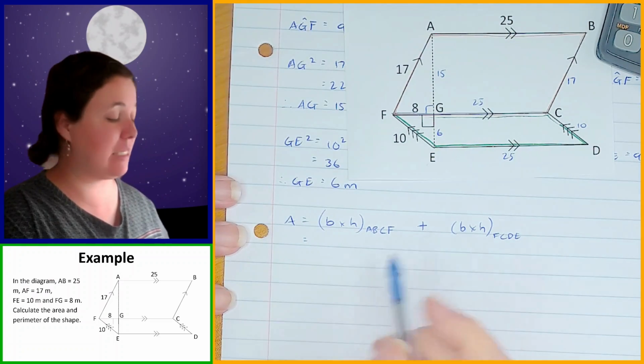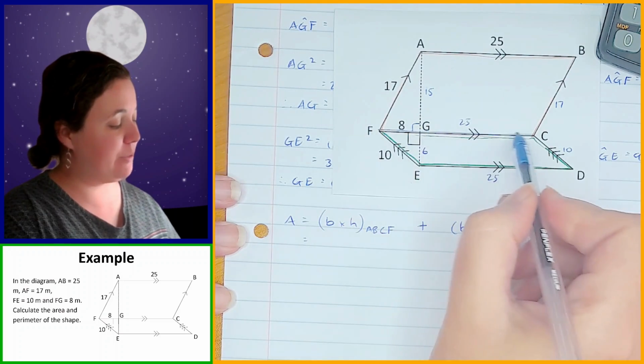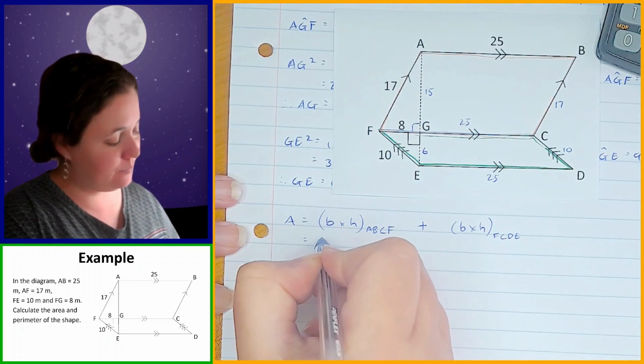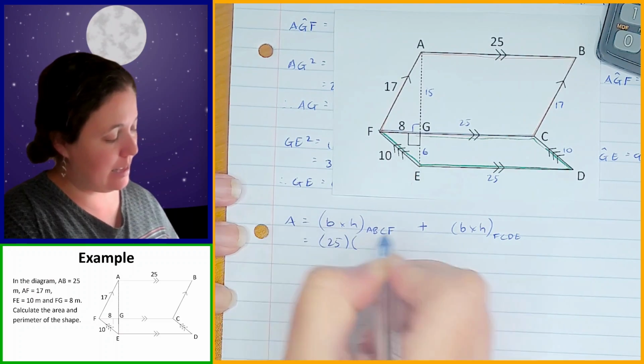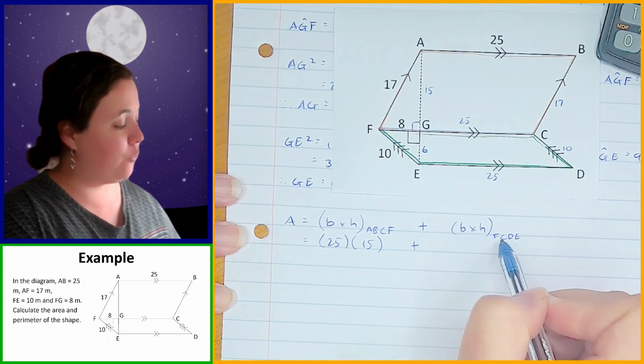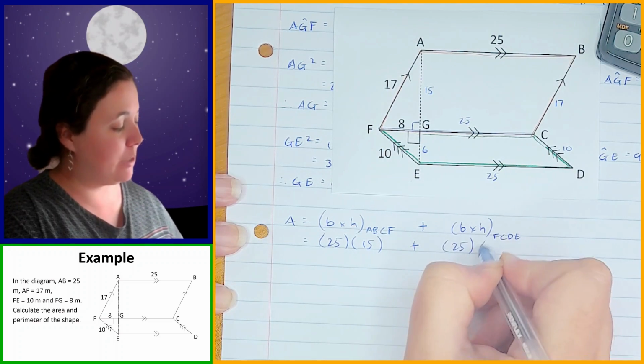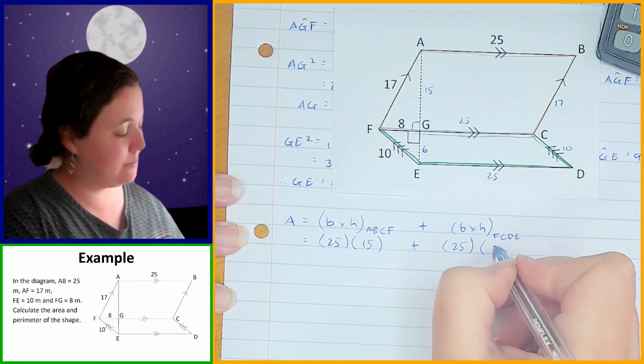Okay, so now let's substitute in. For ABCF, my base is going to be 25 and the height is 15. Plus, for FCDE, the base is also 25, but now the height is 6.